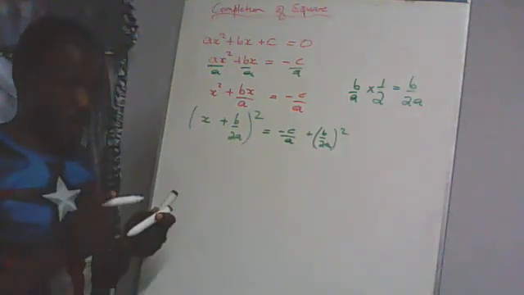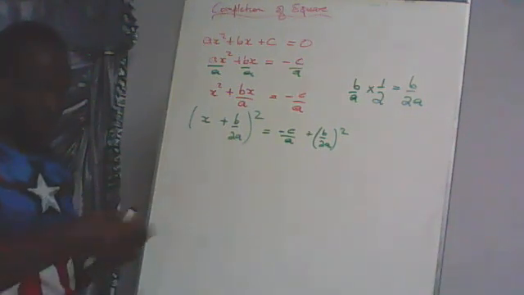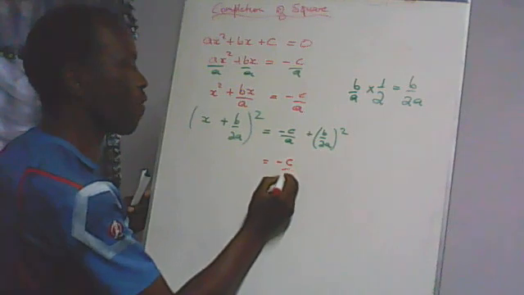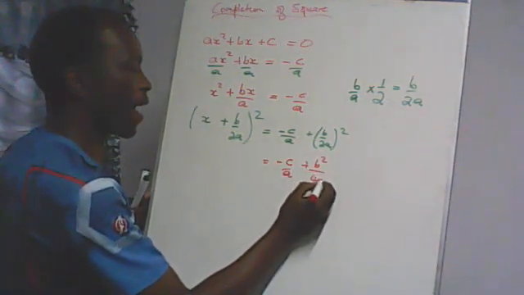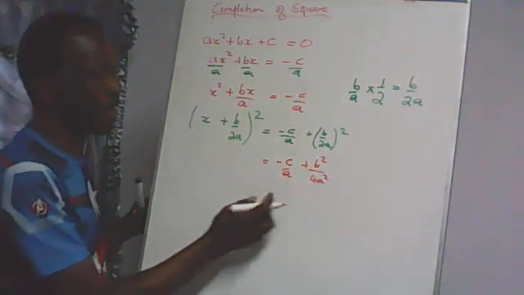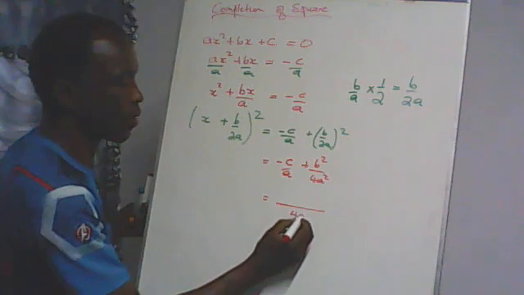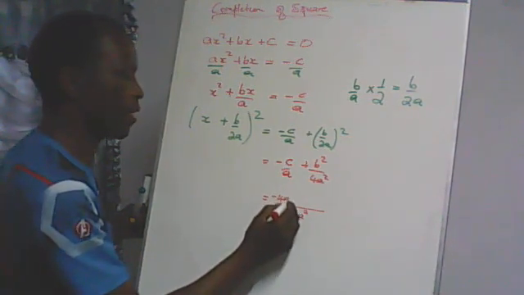And then we work out. This is a perfect square. Then we have minus c over a plus b squared over 4a squared. By finding the LCD, that will be 4a squared, and then here we will just multiply by 4a.